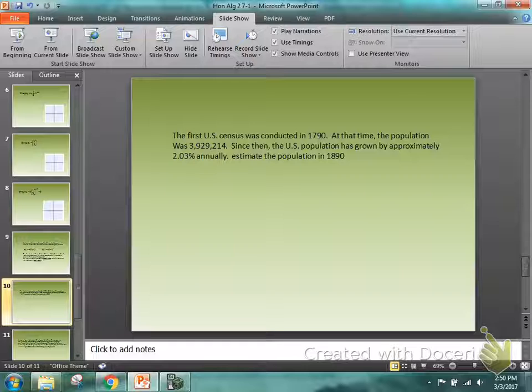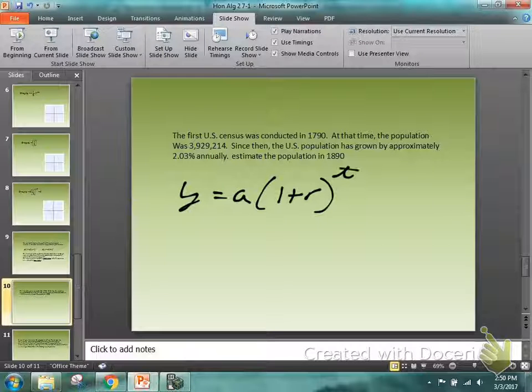Okay, so to do this, you had to do two things. Number one, you had to make sure you have your function correct. So y equals a. Are we losing people or gaining people? Gaining, so we're going to have 1 plus our rate to the t power.